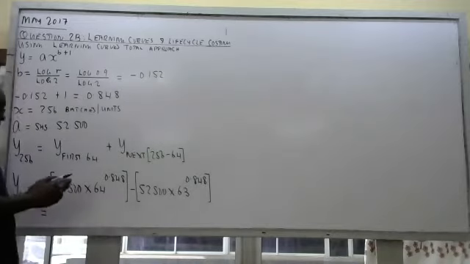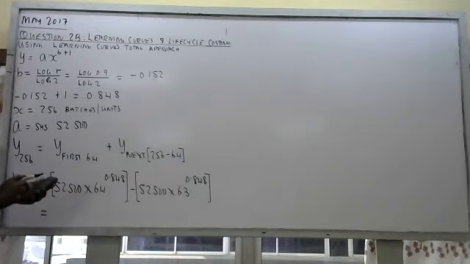So now you will say 64 raised to 0.848 times 52,500.